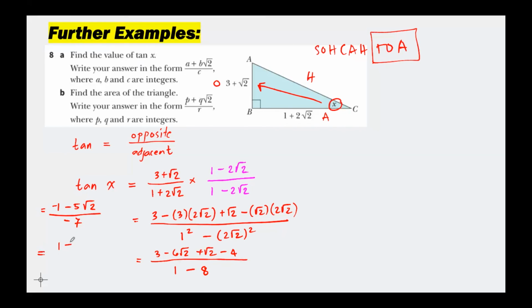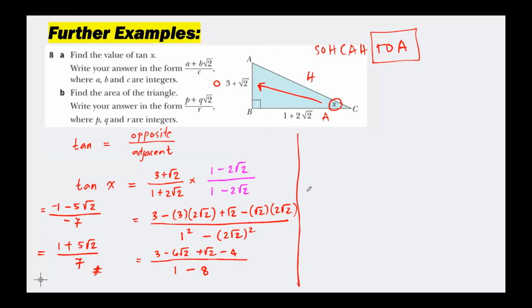That gives us 1 plus 5 square root of 2 divided by 7. So that is your tangent. So here your A is 1, your B is 5, and your C is positive 7. Okay, so that is the solution for item A.